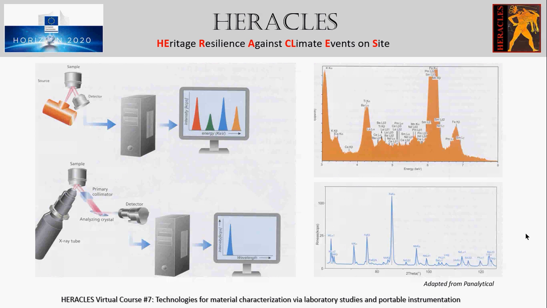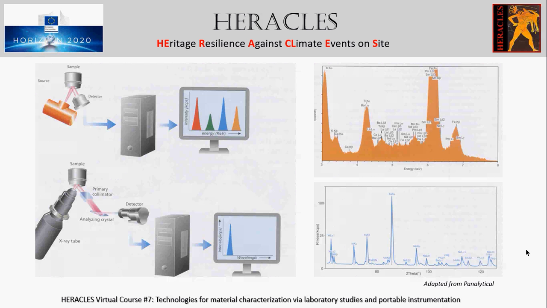The other mode of detection is by using a wavelength dispersive system. In this case, through a set of analyzing crystals, we can discriminate between the different wavelengths coming from the sample. And different elements are attributed in 2 theta values.